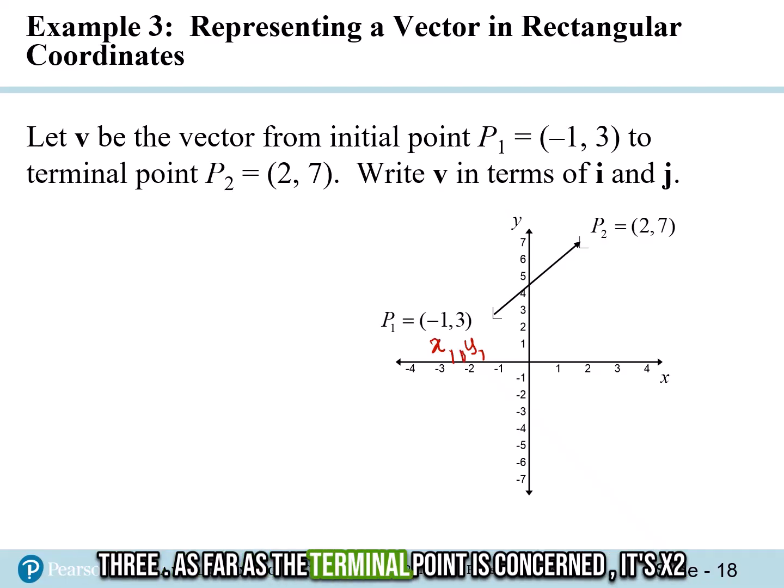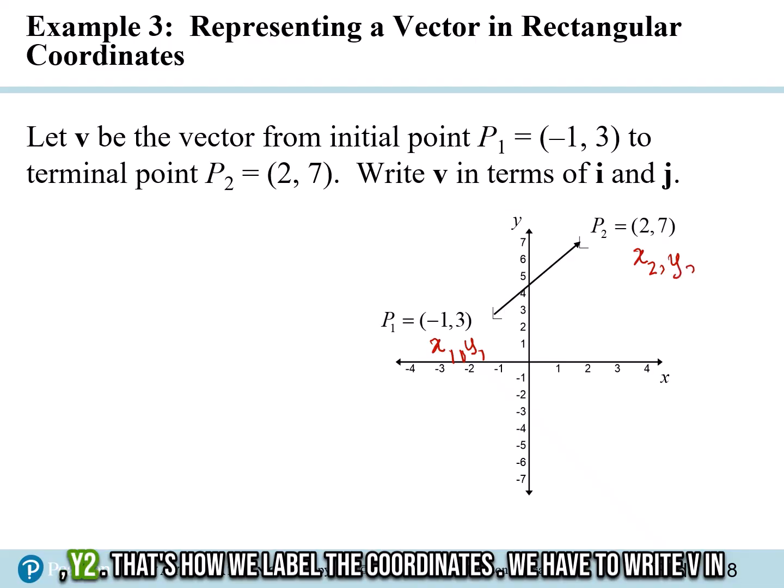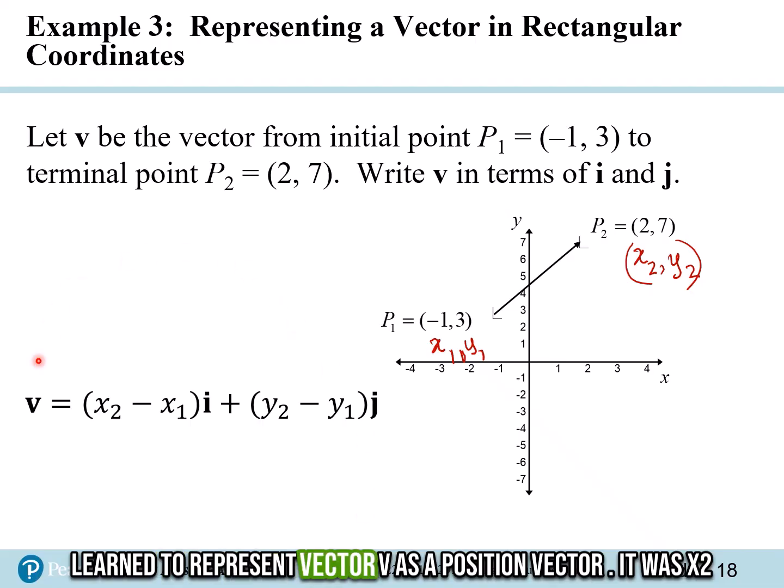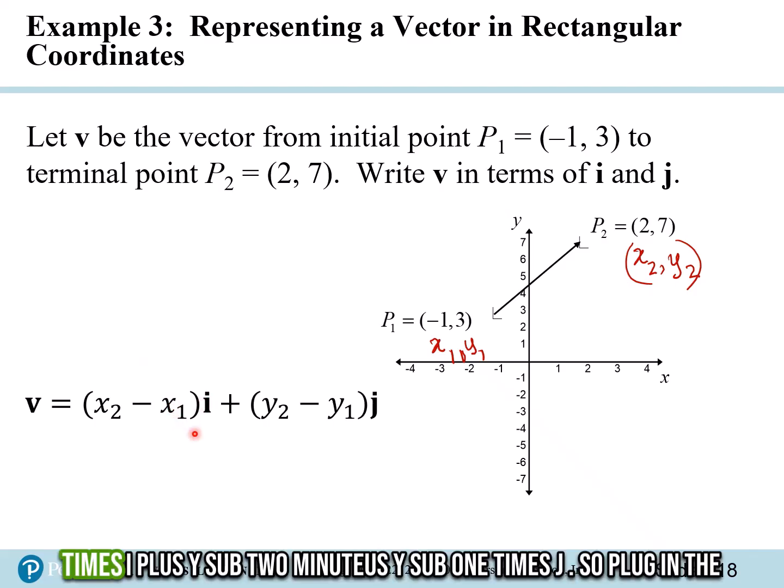As far as the terminal point is concerned, it's x sub 2, y sub 2. That's how we label the coordinates. We have to write v in terms of i and j. We will be using the formula that we just learned to represent vector v as a position vector. It was x sub 2 minus x sub 1 times i plus y sub 2 minus y sub 1 times j.